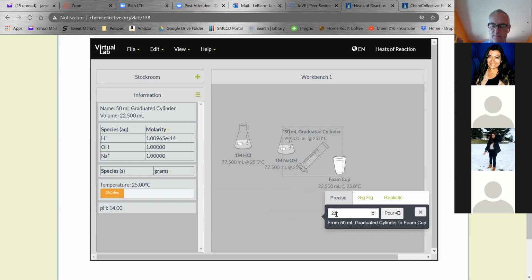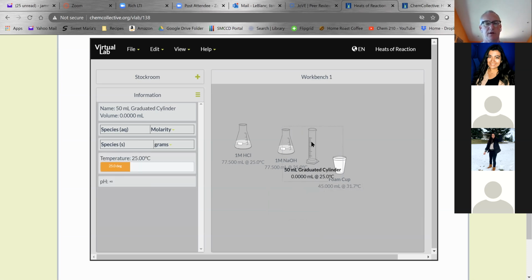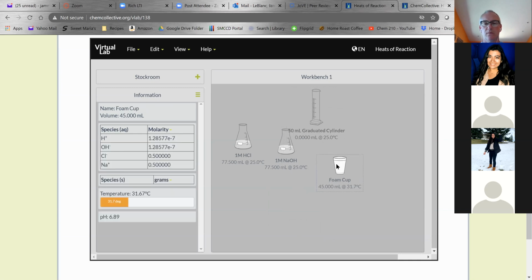So 22.5 mils, pour that in. And the temperature goes up to 31.67 degrees. Okay. So let's calculate our Q, calculate our delta H reaction.